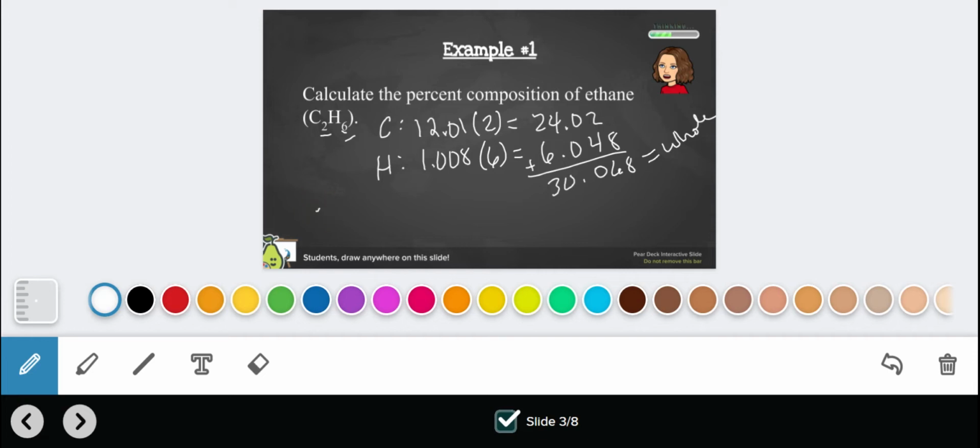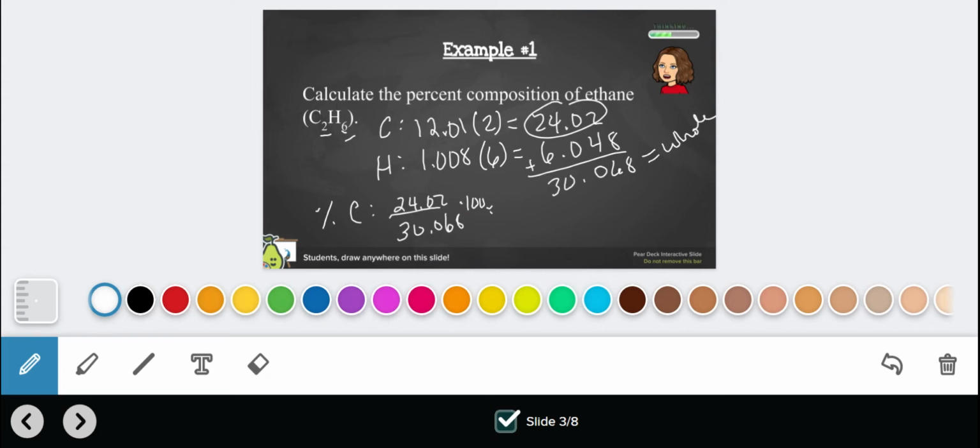So to find our percent for carbon, we would want to take the mass of our carbon, and that's all of our carbons, which would be 24.02, and divide by the whole mass of the compound, which would be 30.068. And then, of course, we multiply that by 100.